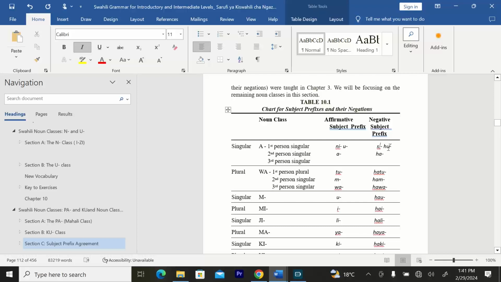The second person and the third person, and that person is a, ha. Then we have the third, the plural. The plural of ni is tu.